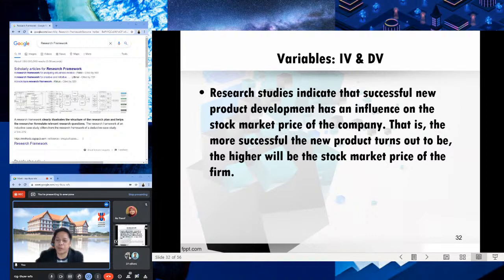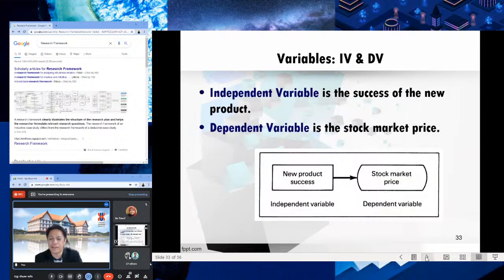Okay, we go to the next slide. This is the answer. The independent variable is the success of a new product, and the dependent variable is the stock market, because it depends on the stock market.